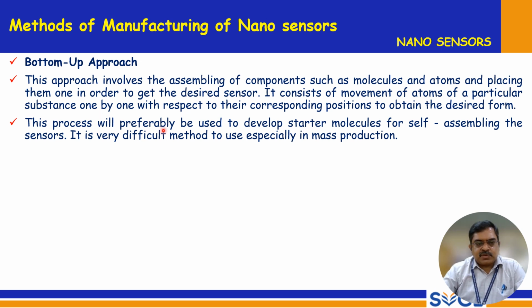This will preferably be used to develop starter molecules for self-assembling and assembling the sensors. It is a very difficult method to use, especially in mass production. So in case of a smaller number of products, this can be used, but in case of mass production, it is not a suitable method.